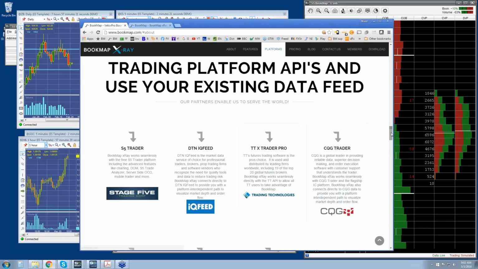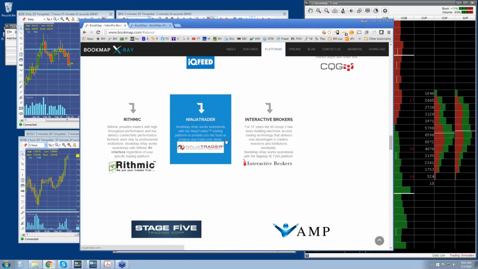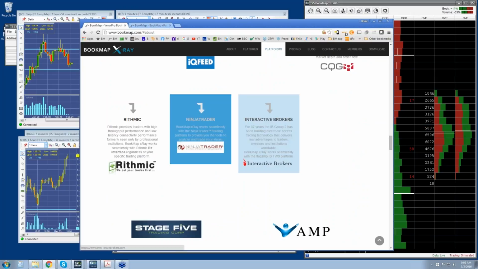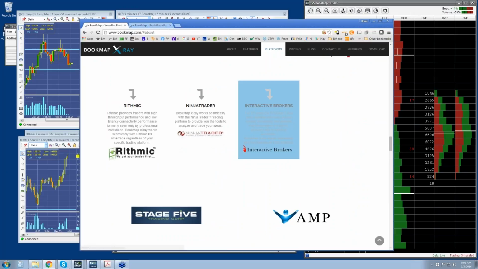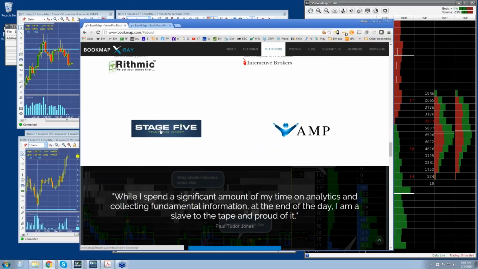There's CQG Continuum and CQG Trader, Rithmic Data. There's NinjaTrader 7; you will need to go through their API, so it works a little differently, just like any other NinjaTrader add-on out there. And then there's Interactive Brokers. And here are a few of our partners, Stage 5 Trading, AMP, and others.